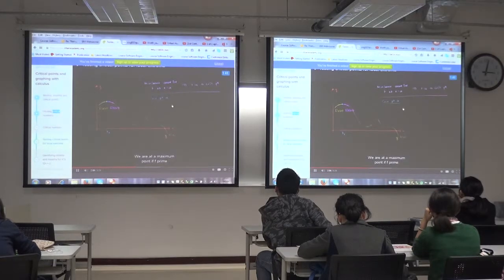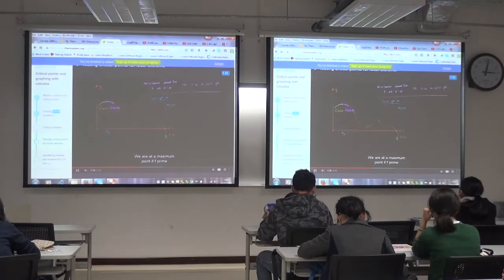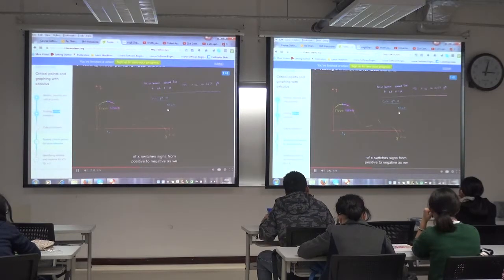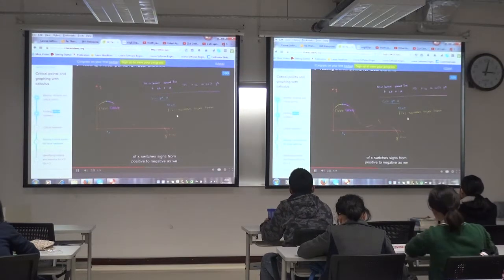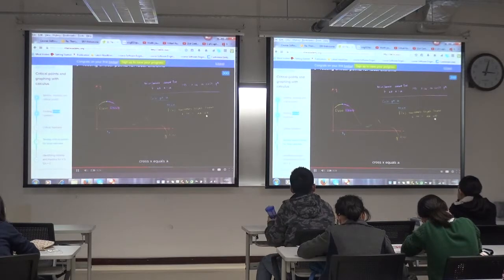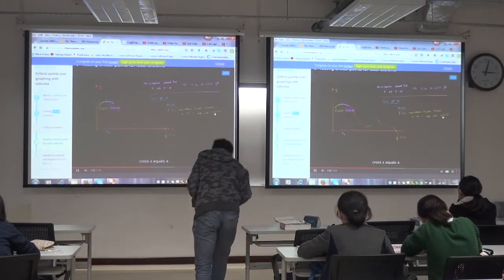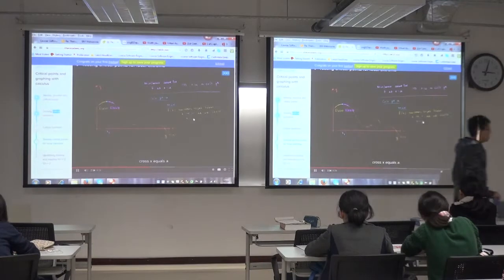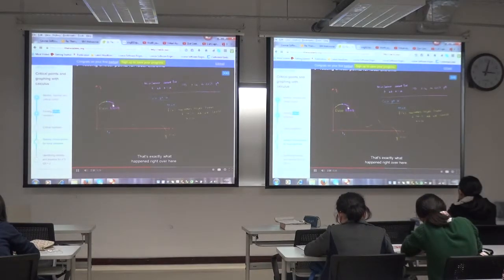We are at a max if f prime of x switches signs from positive to negative as we cross x equals a.